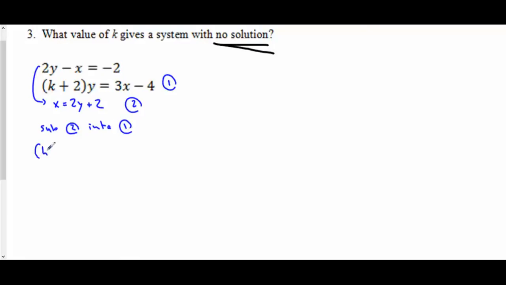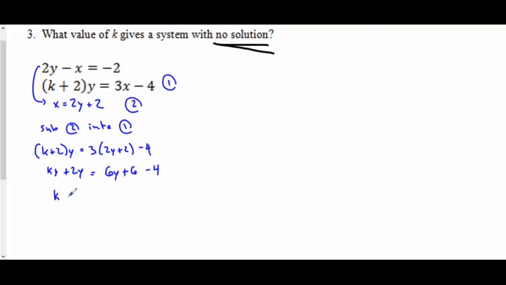That gives me k plus 2, y equals 3 times 2y plus 2 minus 4. Okay, I can expand these on both sides. ky plus 2y equals 6y plus 6 minus 4. And then moving the 6y over to this side, I end up with negative 4y.